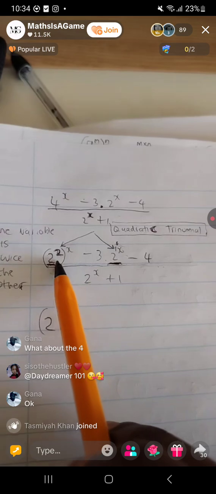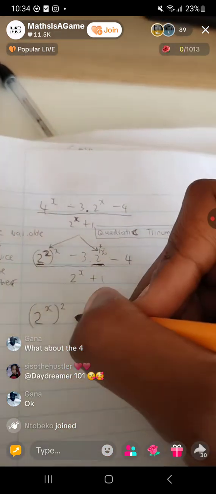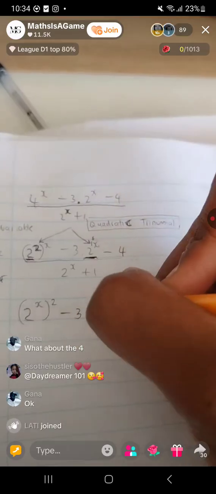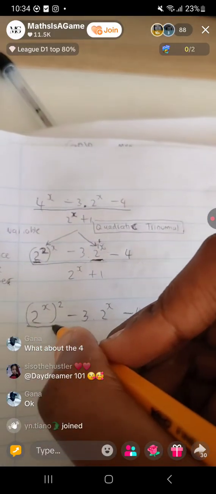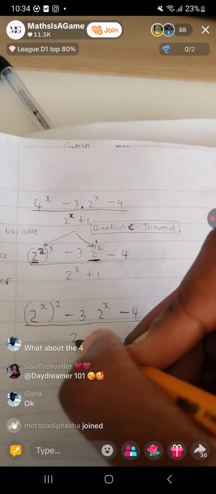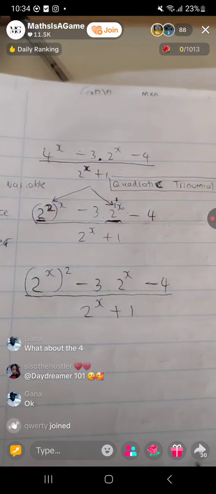So rewritten, 2 to the power 2x is written as 2 to the power x squared, minus 3 times 2 to the power x, minus 4. Hey, I'm sure you can see my trinomial. In the denominator, I have 2 to the power x plus 1.